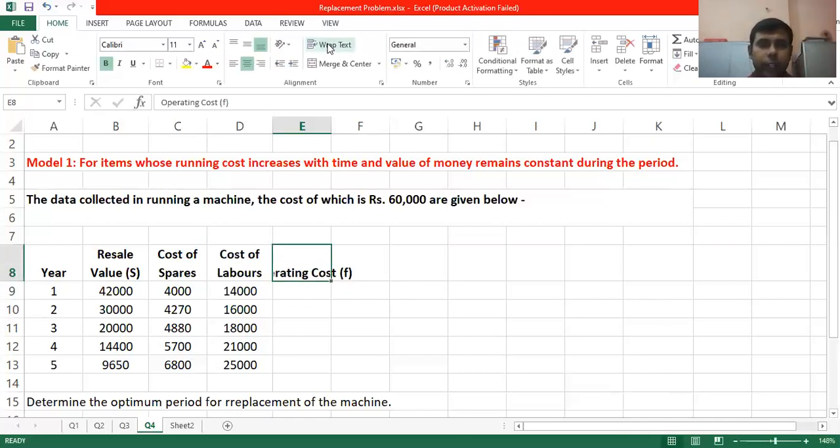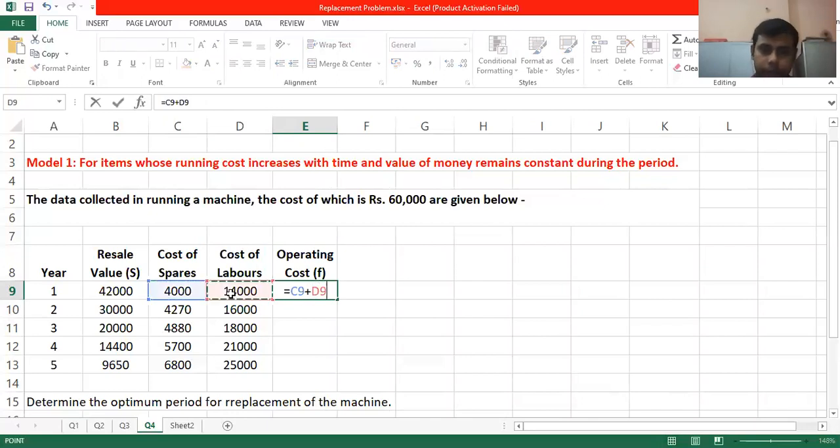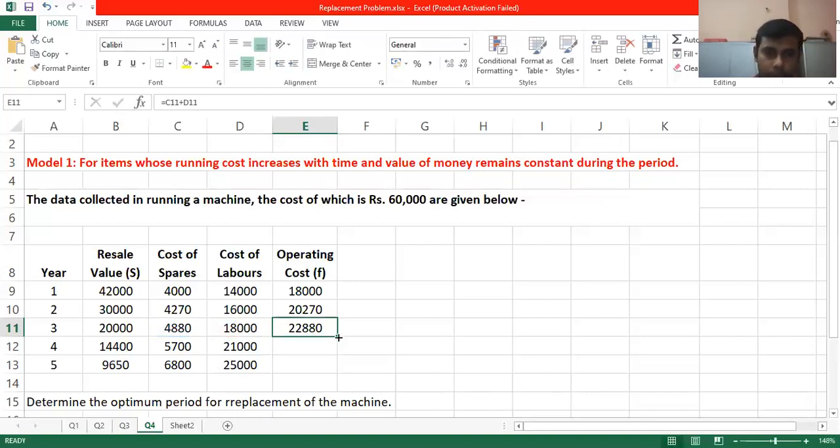So how to get our operating cost? Add these two factors, this plus this, and let me drag it.